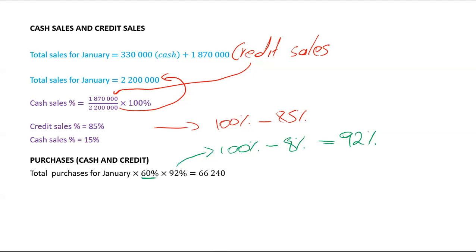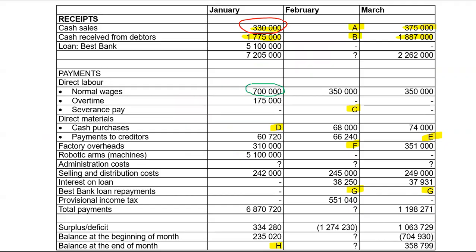Why am I using this figure? I'm going to go back to my cash budget. Please note that I am given the percentage, but the problem is that for January, I wasn't given my credit purchases.